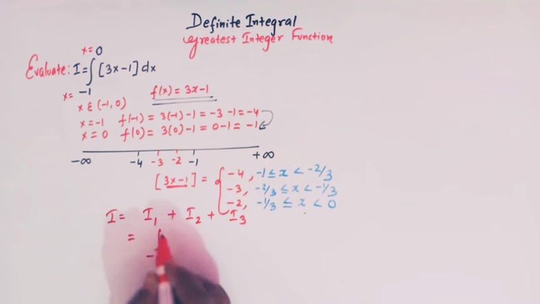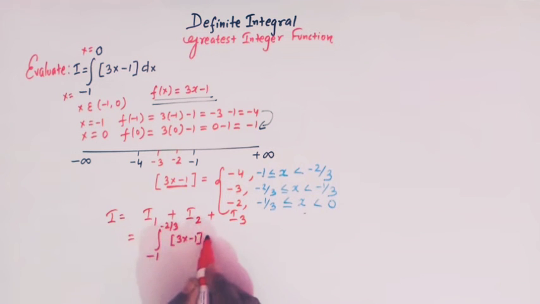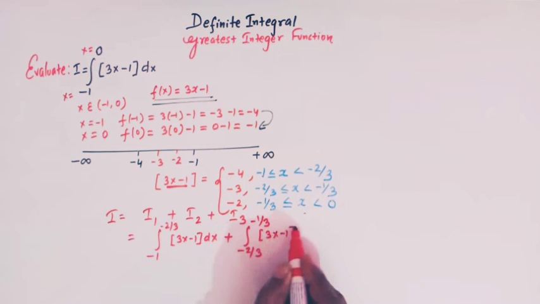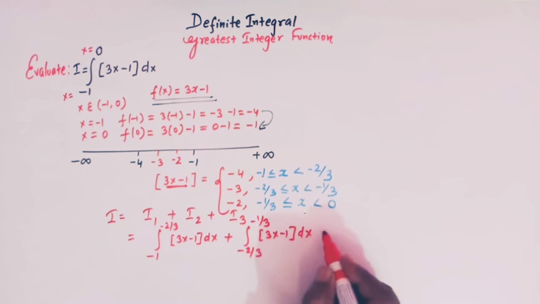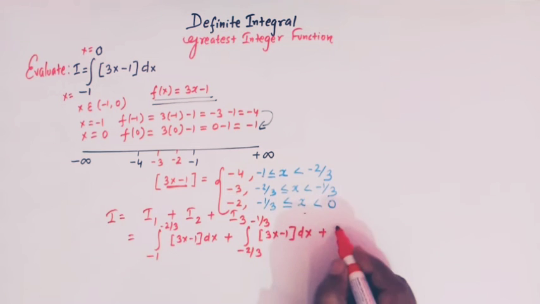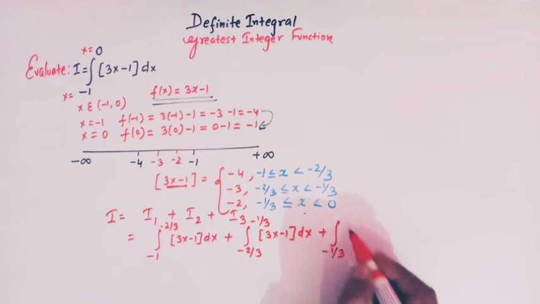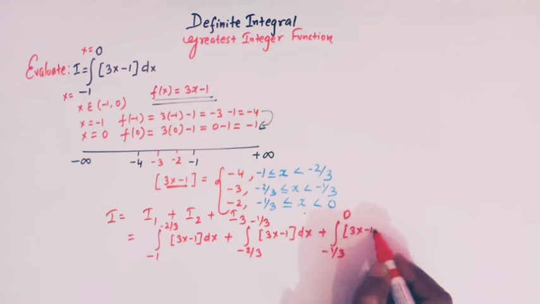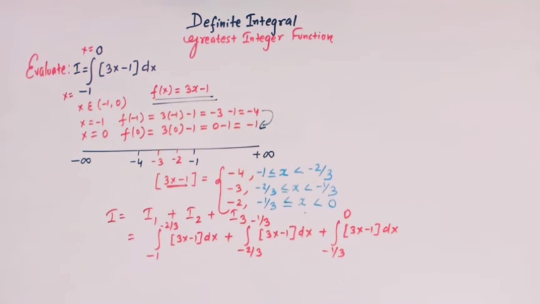So we'll write minus 1 to minus 2 over 3, and here we have greatest integer 3x minus 1 dx, and I2 is from minus 2 by 3 to minus 1 over 3, and here we have greatest integer 3x minus 1 dx, and I3 is from minus 1 over 3 to 0, and here we have greatest integer 3x minus 1 dx, right?